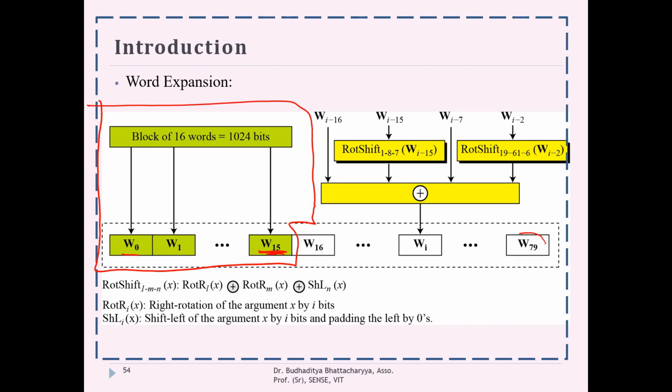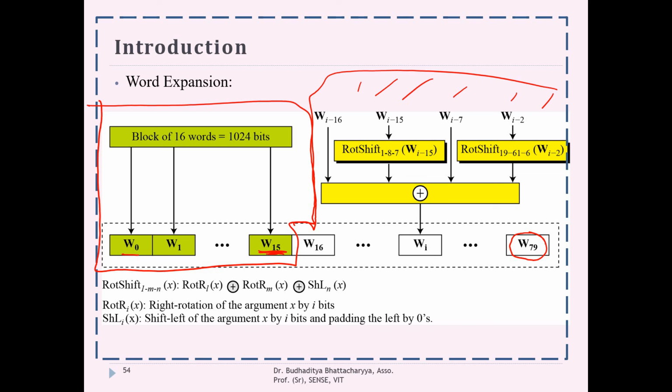But the last word over here is W79, so it starts from 0 and goes to 79, meaning you will finally require 80 words. The part on the right-hand side is called the key expansion strategy, just like we had in AES.